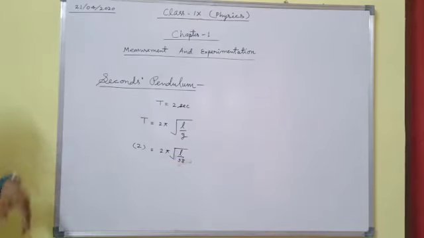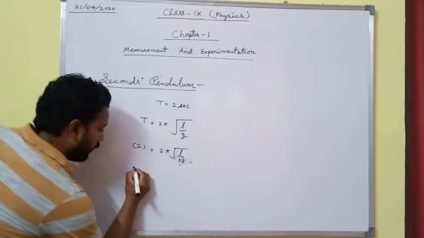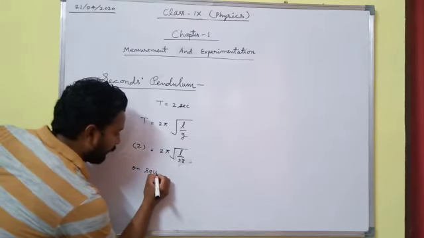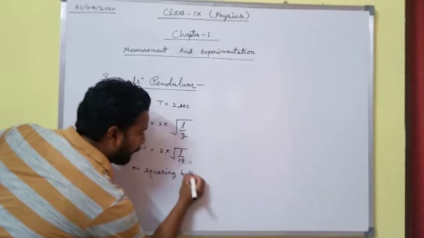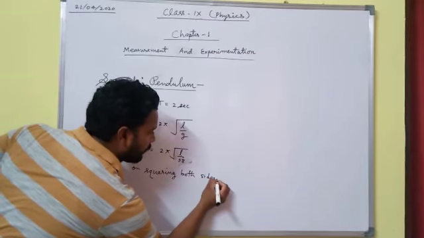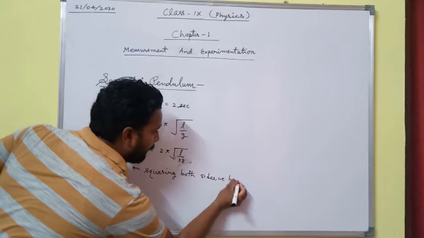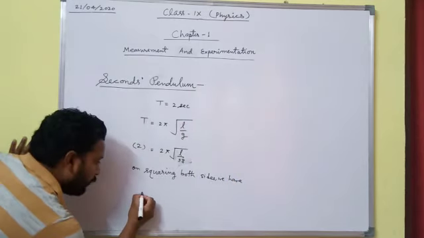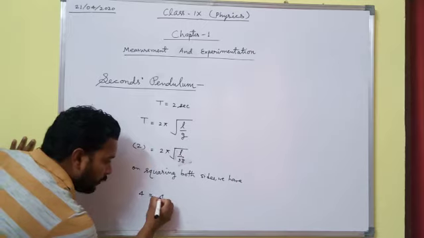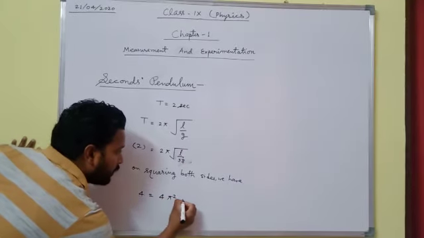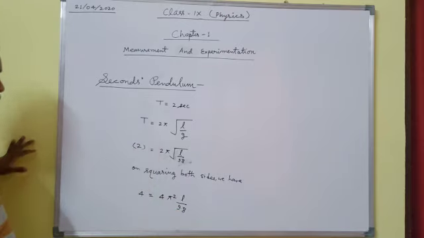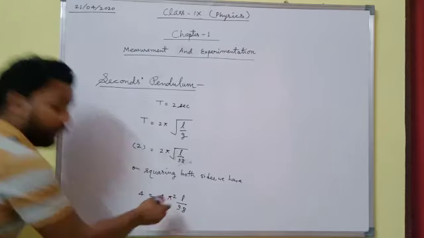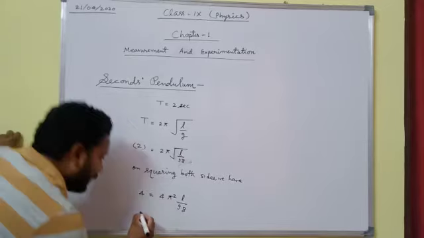On squaring both sides we have 4 equals 4 pi square L upon 9.8. Now we have to find the value of L, small l.